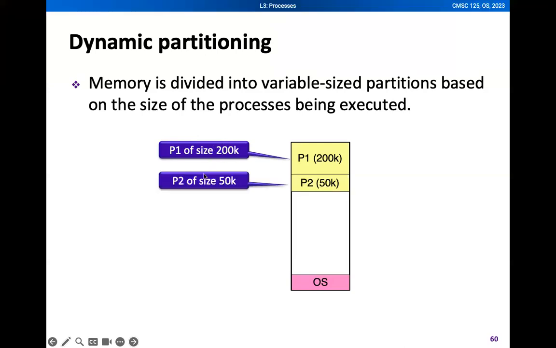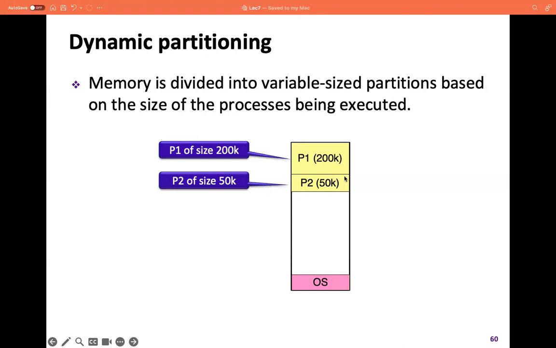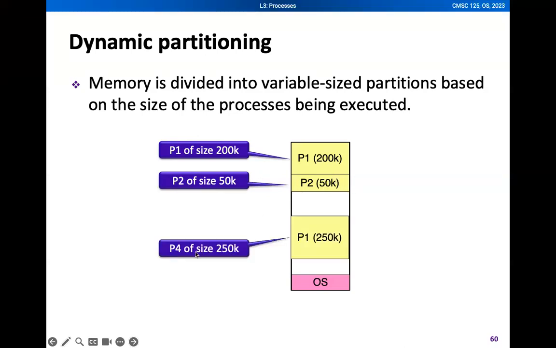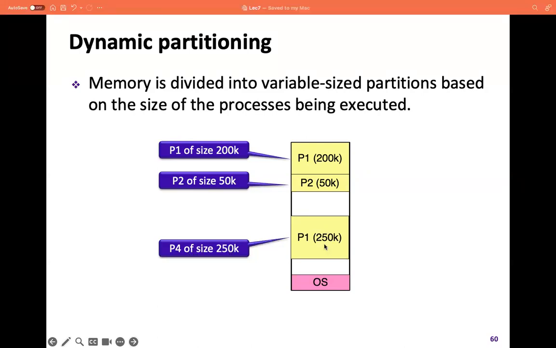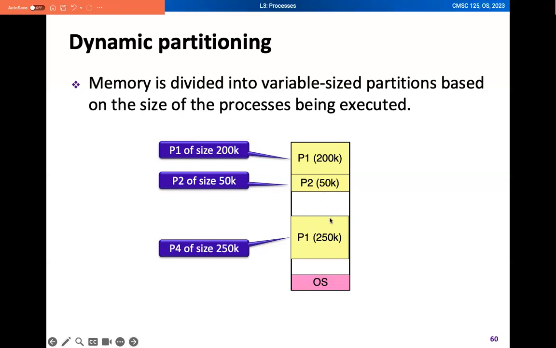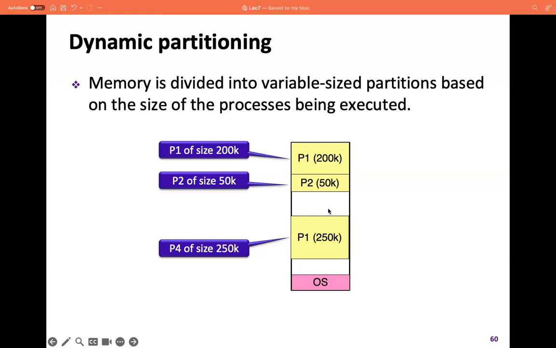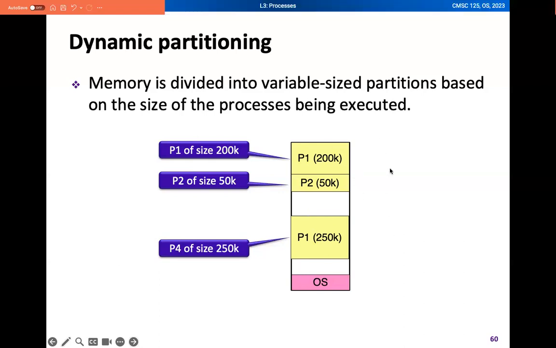And we have a P2 of size 50K, so only 50K is also allocated for the P2. And if P4 has a size 250K, then 250K is also allotted for P4. And we can assign it anywhere in the main memory, or of course, it's the OS that decides where in the memory it will be allocated.